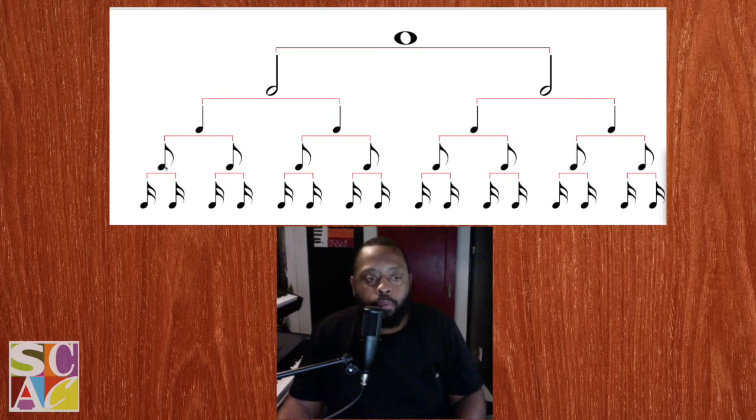Then we have 1, 2, 3, 4 eighths. So if you combine 1/8 note plus an eighth note, you get a quarter note. Same as here. 1/8 plus 1/8 is a quarter. 2 quarters equal a half note, and a half note equals 1 whole note.